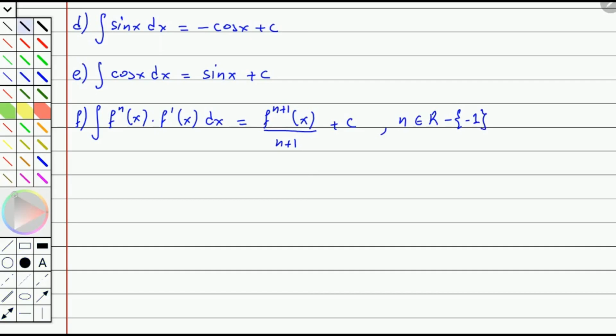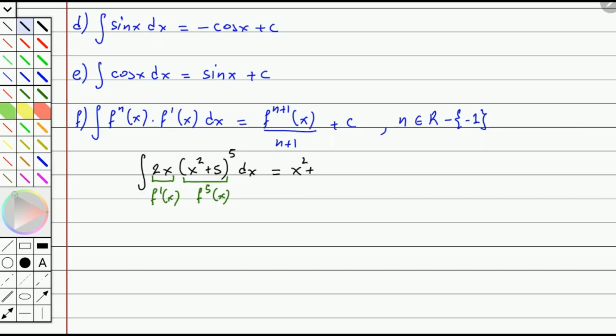So let's give an example. The integral of 2x times x squared plus 5 to the 5th power dx. We can clearly see that this is f to the 5th of x, and this is the derivative of the bracket. So we can directly solve this.